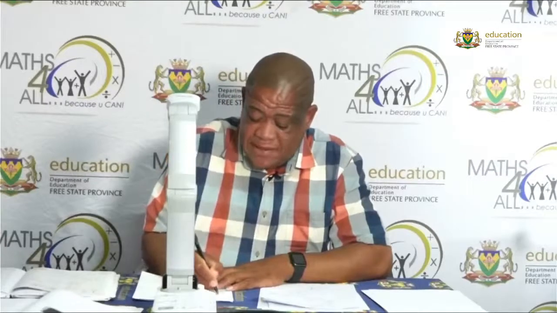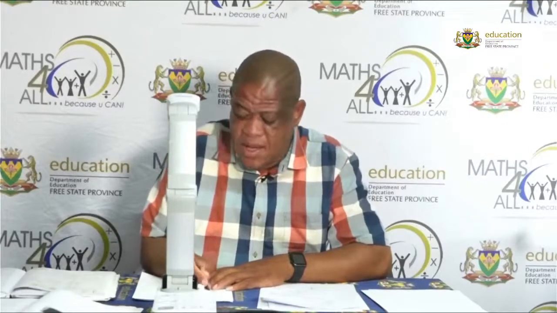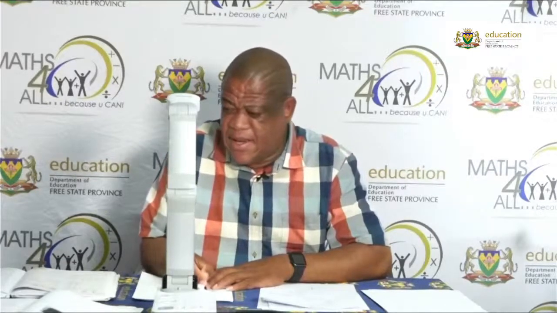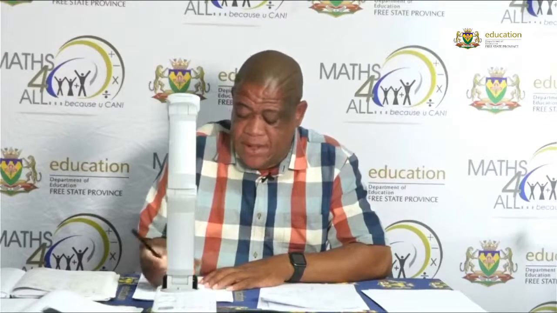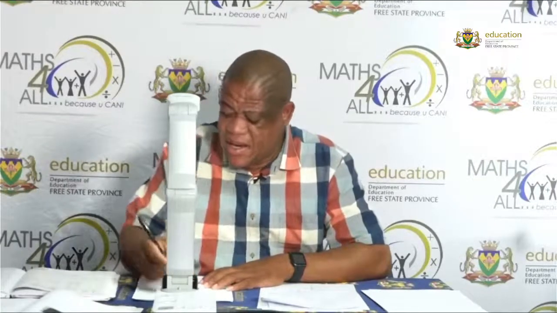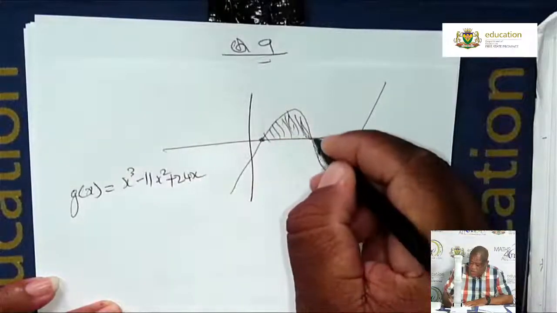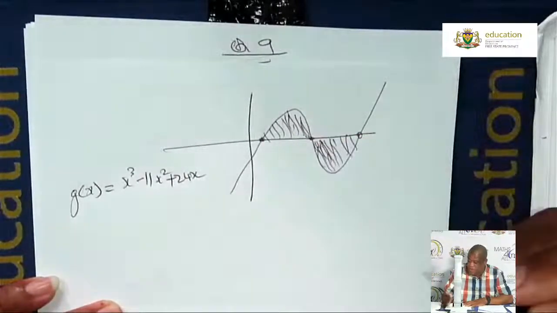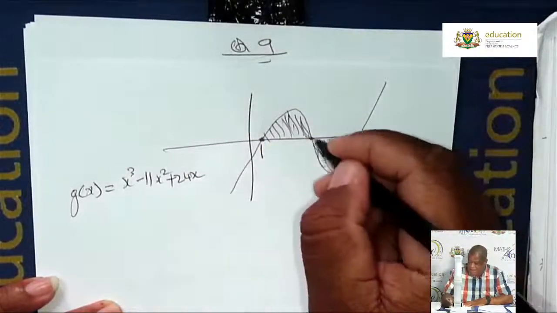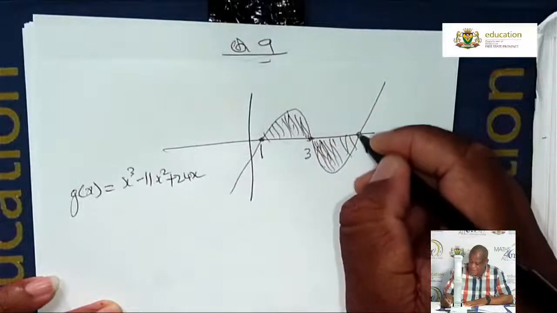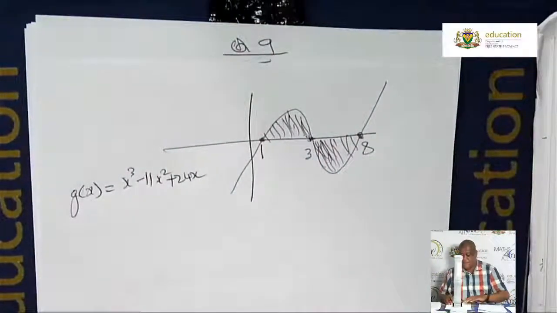You are given that g(x) is equal to x to power 3 minus 11x squared plus 24x, and they will always give you the coordinates here. They say it's 1, they say 3 there, they put maybe 8 there.